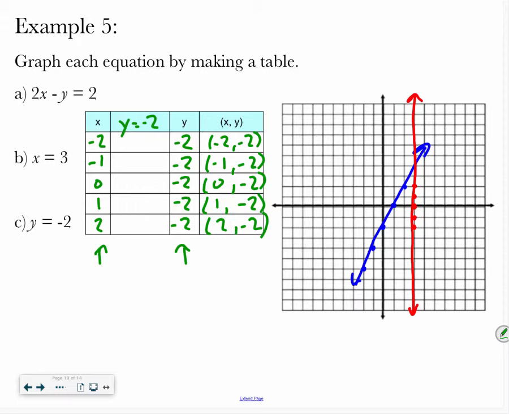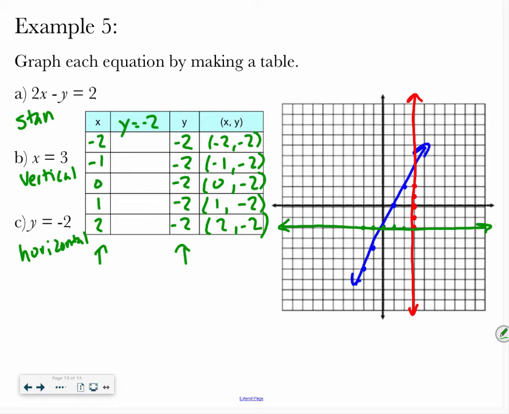So I go left 2, down 2. I go left 1, down 2, straight down 2, over to the right 1, down 2, over to the right 2, down 2. So my y equals negative 2 means that I get a horizontal line. So when you have a y equals, that's horizontal. X equals is vertical. And when you have x and y, it is slanted.